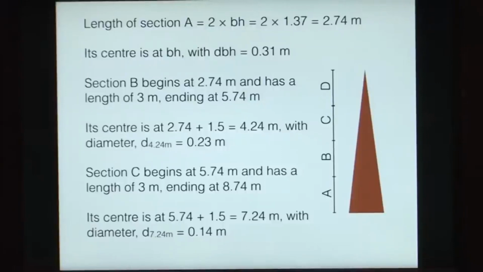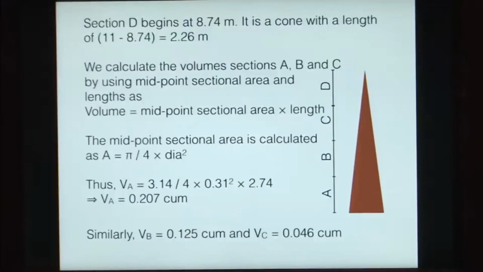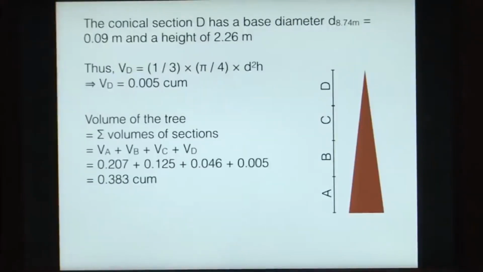The other sections were taken to be 3-meter sections, so that not only can we use this tree for the computation of volume, but at the same time it can also be used in a profitable manner by selling it. So, 3 meters is a standard section length, and the topmost section was considered to be a conical section. We computed the volumes of all the sections, and then we added up those volumes to get the volume of the tree.